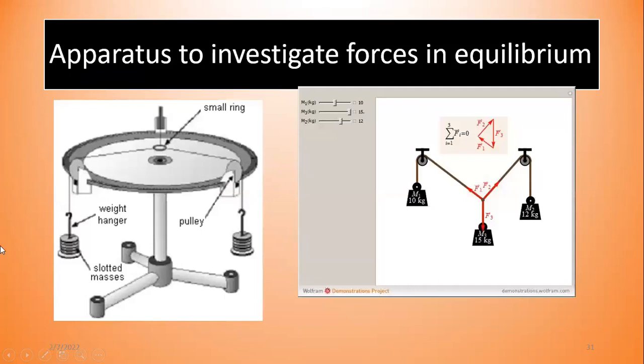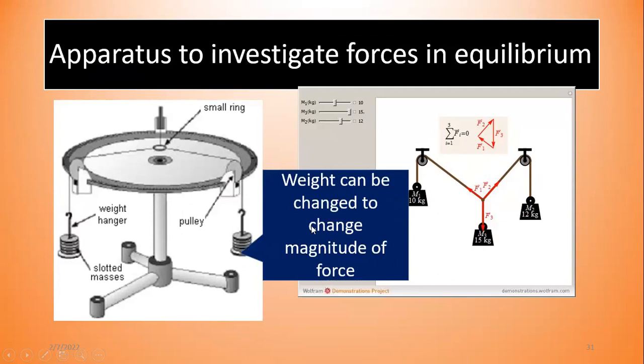Experiment in the laboratory, then we can have the state of forces in equilibrium, either this way or that. Then you can change the weight, change the tension in the string. A small ring there, a tiny ring. We can change this angle also.